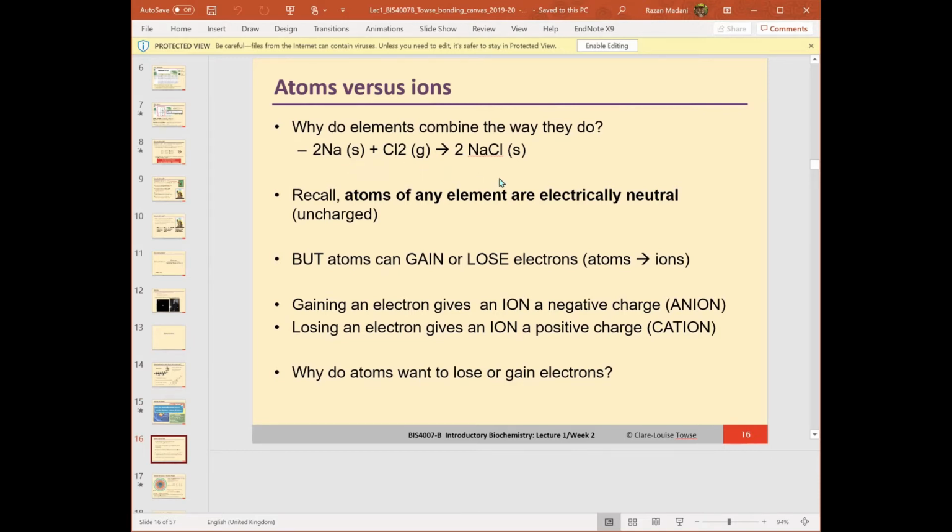Cl2 was neutral. But together they started here. When they gain or lose electrons, gaining an electron gives an ion a negative charge, which is called an anion. And then losing an electron gives an ion a positive charge, called a cation.